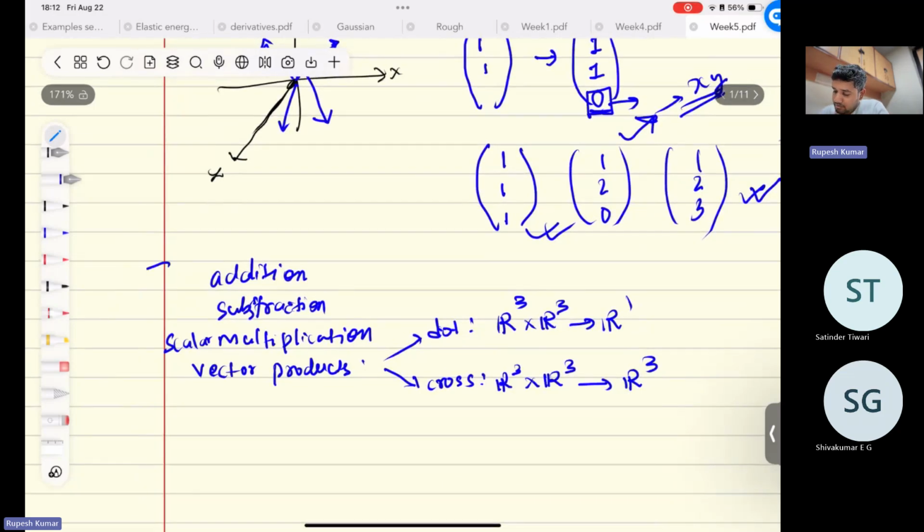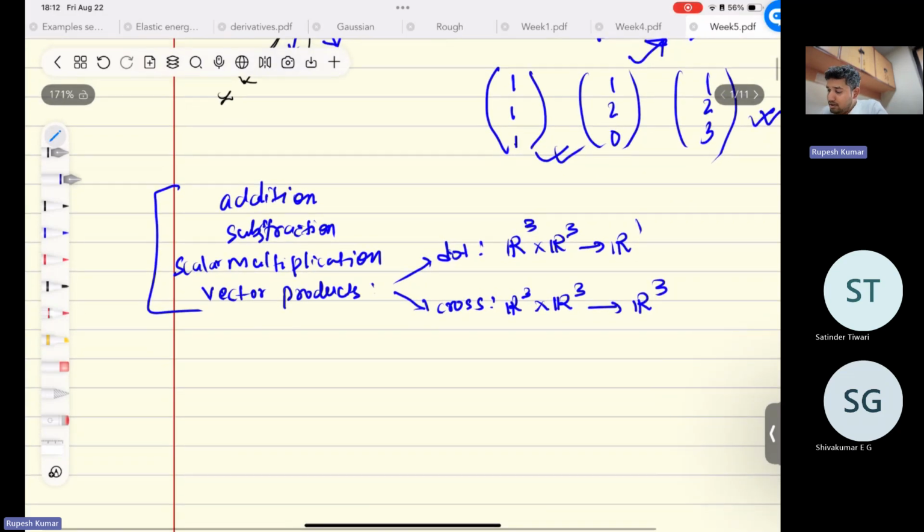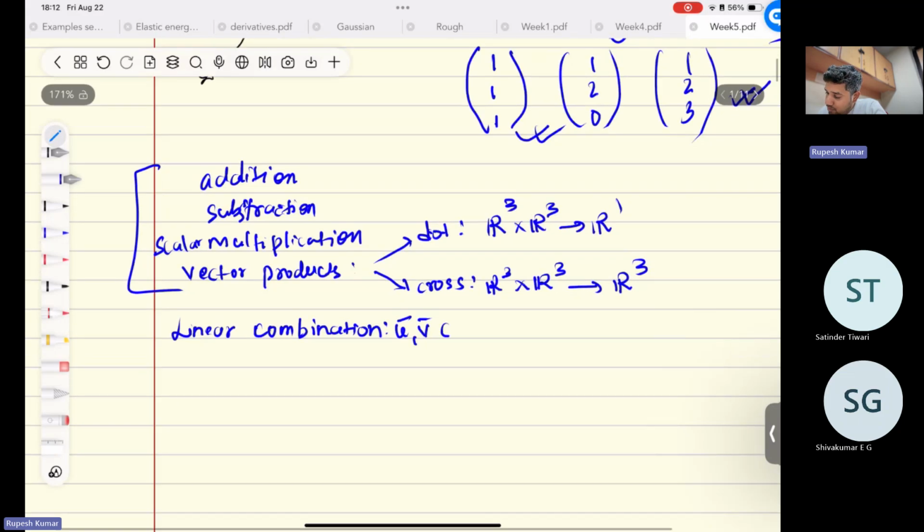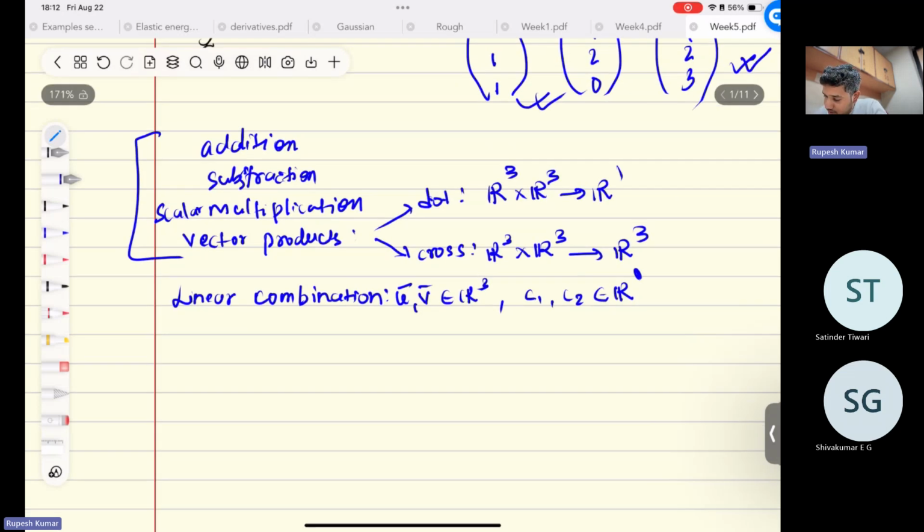Then linear combination of vectors. So these were basic arithmetic operations that you must have seen. And then what is the meaning of linear combination and linear independence, right? Essentially, if you have two vectors, let's say u and v, both belonging to R3 space, and we have some scalars c1 and c2, which belong to R1 space. These are basically scalars. Then you can write a linear combination.